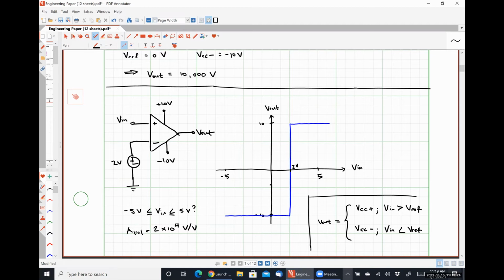So this is why it is a comparator. We get a digital high whenever our input is greater than our reference voltage, and we get a digital low signal whenever it's less. And we can control what values that digital low and digital high have by changing our power supply voltages.